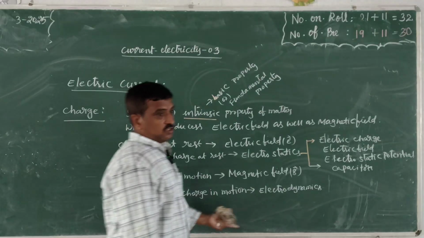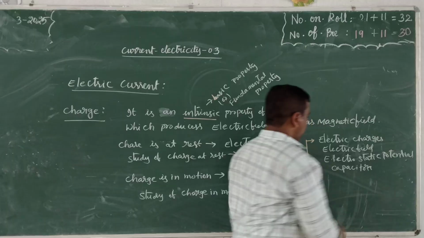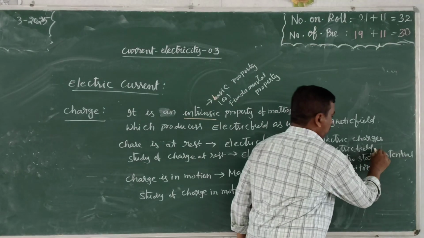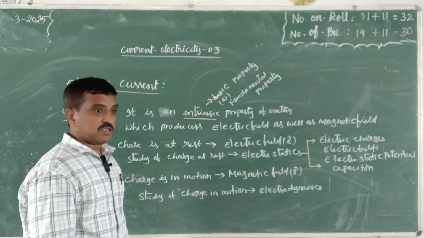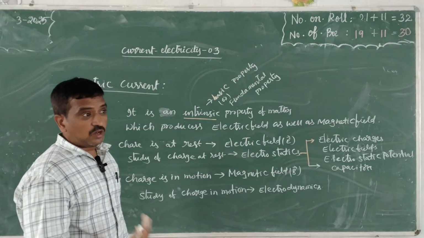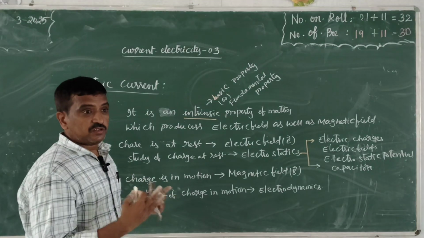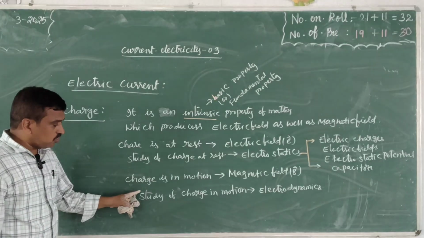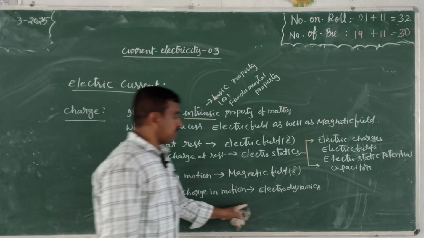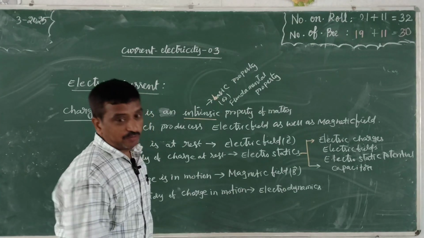In electrostatics we discuss electric charges, electric fields, electrostatic potential, capacitors, series and parallel connection of capacitors, how to solve different types of circuits with different methods, and concentric cells. Everything we discuss there. The study of charge in motion, we call it electrodynamics.